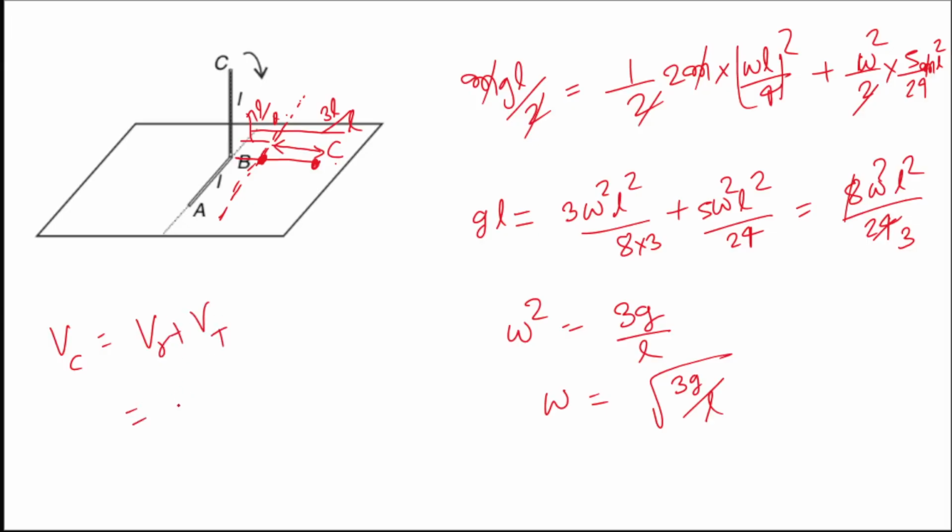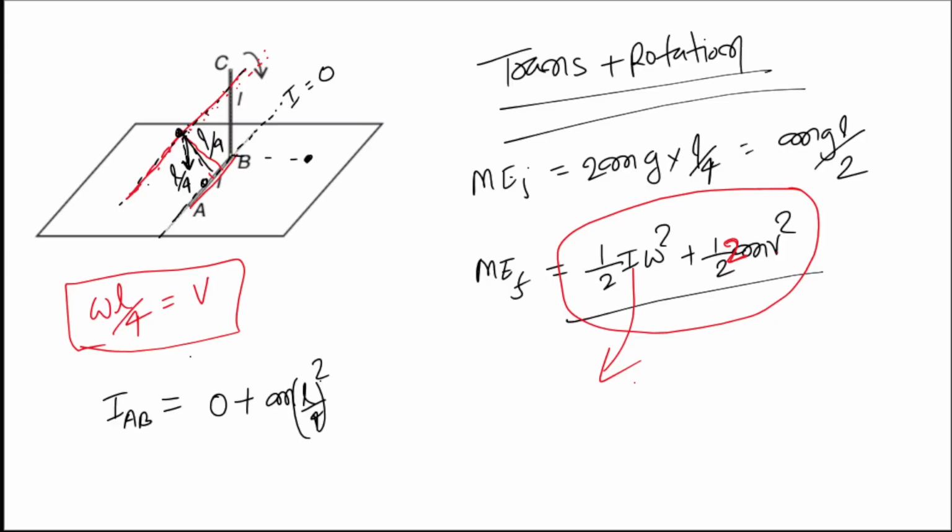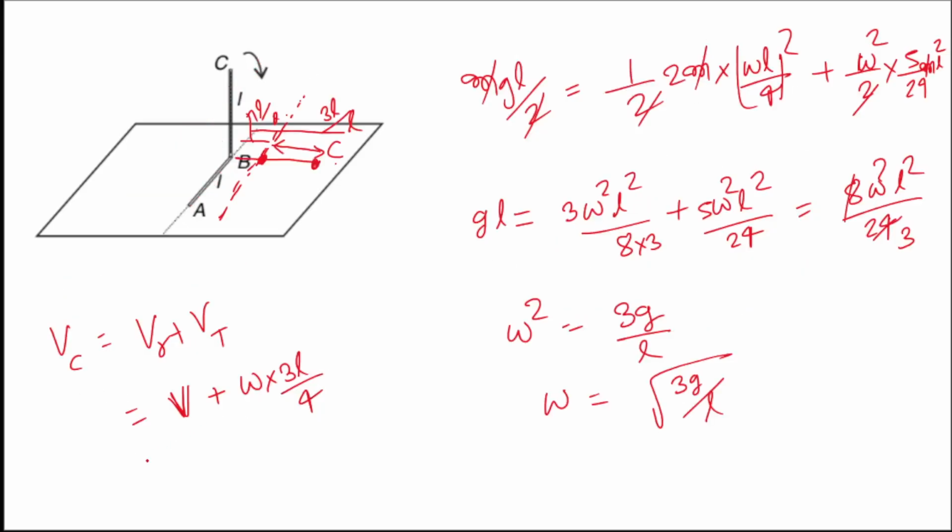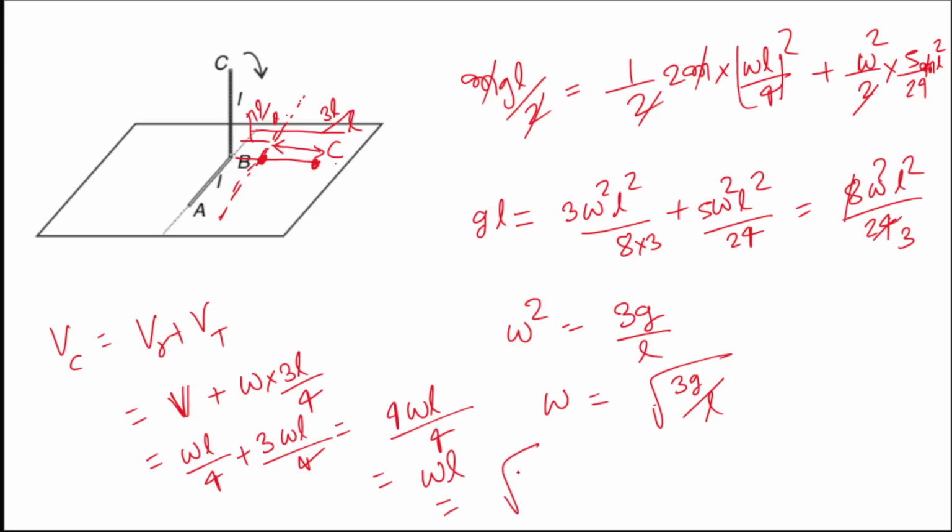So because of translation it will be equal to v and because of rotation it is going to be omega into 3L by 4. ठीक है. सो v का वैल्यू omega के टर्म में क्या था, सबसे पहले आप वो लिख लो. v का वैल्यू omega L by 4 था, right? So right here omega L by 4 plus 3 omega L by 4 and this will make it 4 omega L by 4. So basically this is omega L and omega into L is how much, root under 3g into L. ठीक है. So this is the answer we are getting, same as what we got before from the first method.